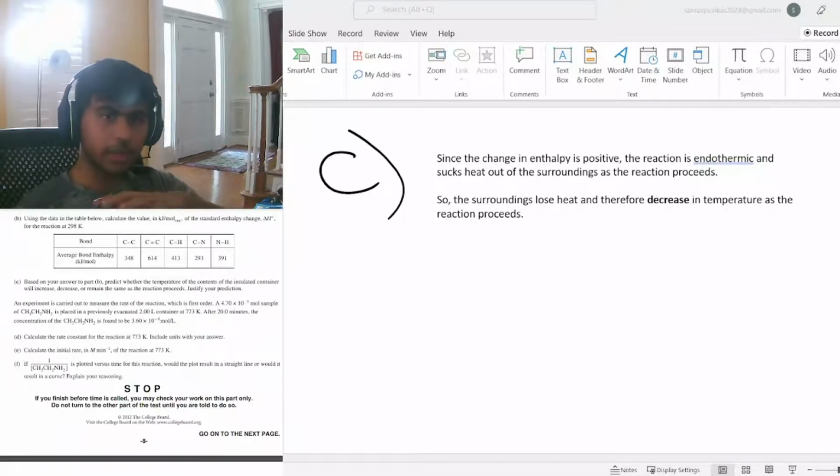Alright, so one of the equations on the equation sheet is the one for a first order reaction.